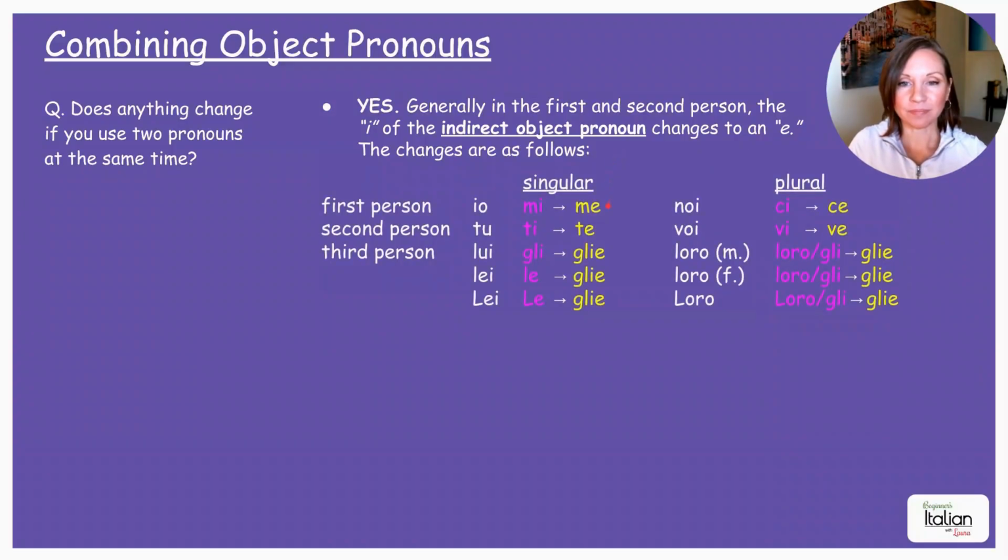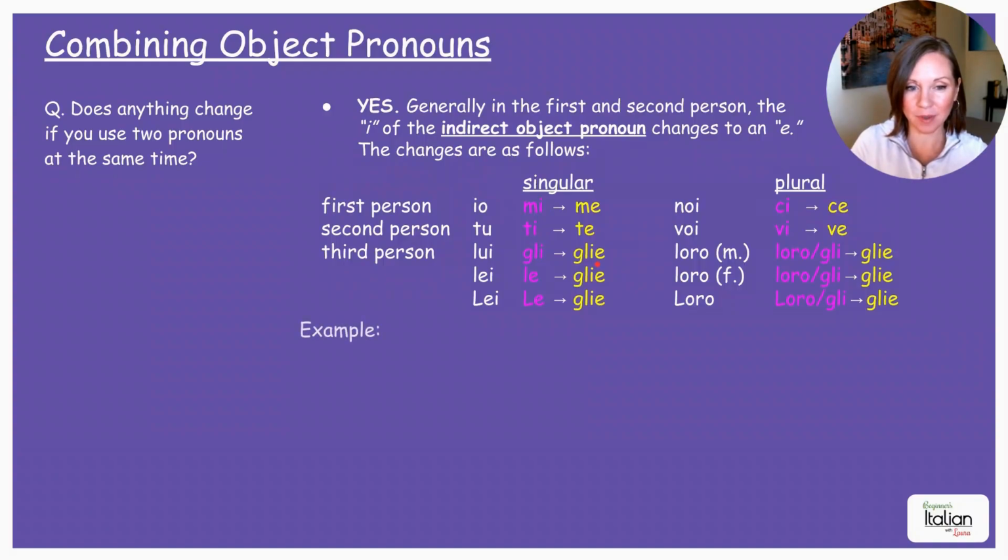Okay, so for the indirect object pronoun, if it's used with a direct object pronoun, the mi becomes me, the ti becomes te, the ci becomes ce, and the vi becomes ve. Okay, now for gli and le and loro or Lei, they all become glie. Okay, so they all become glie when you're combining it with a direct object pronoun.